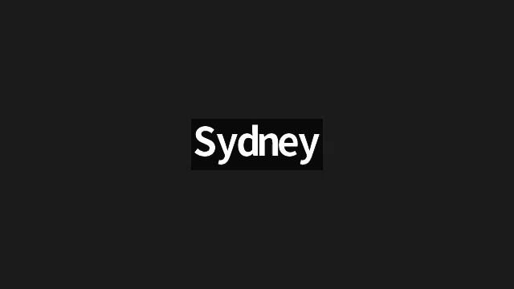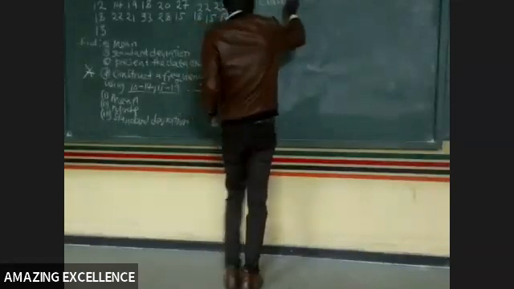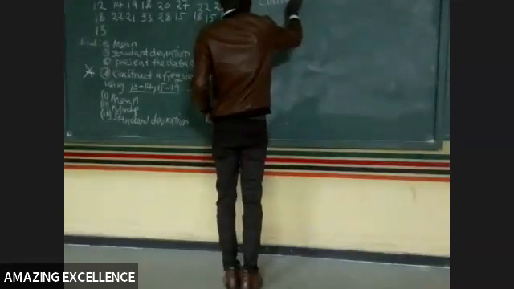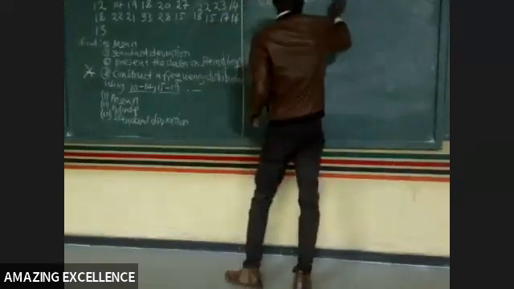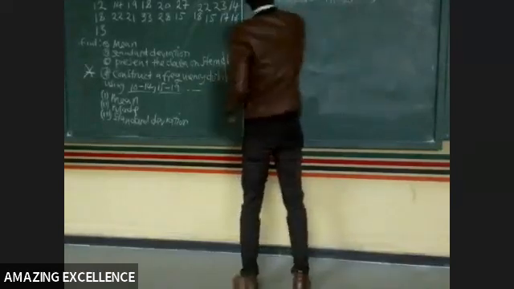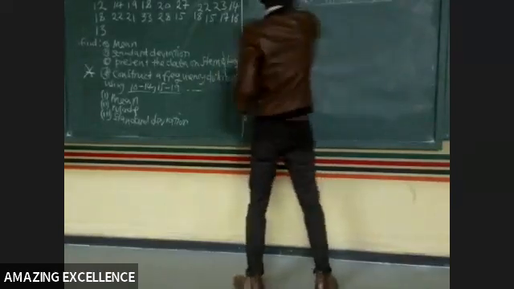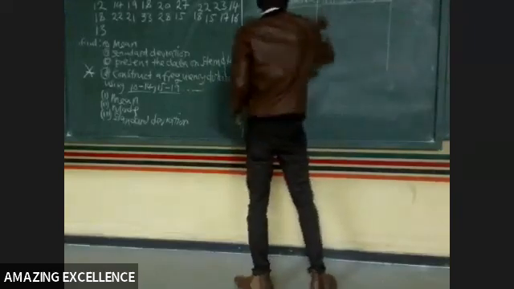So you can start with what is called the class interval. This one is called the class interval, and then we have the frequency. Class interval and the frequency. This is the class.